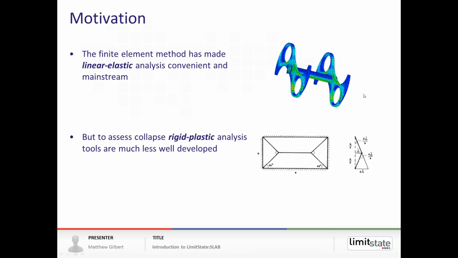The same can't be said if we're looking at ultimate limit state analysis. So rigid plastic analysis tools, which were on a sort of even par with linear elastic analysis in the middle of the last century, haven't really kept up at all. And we end up often having to rely on hand-type methods in order to do an ultimate or collapse analysis.